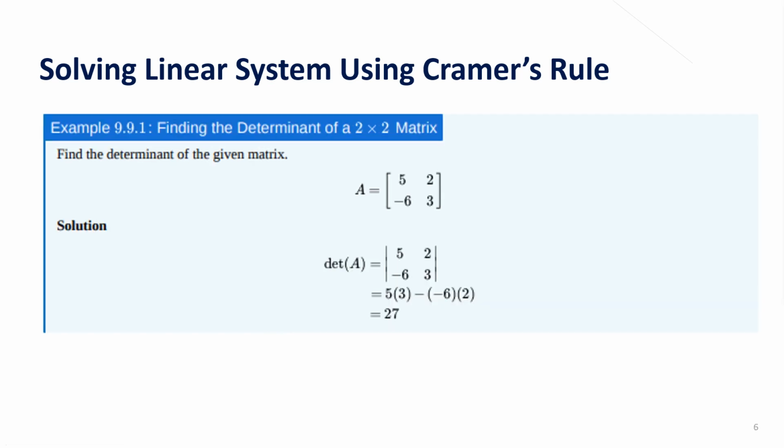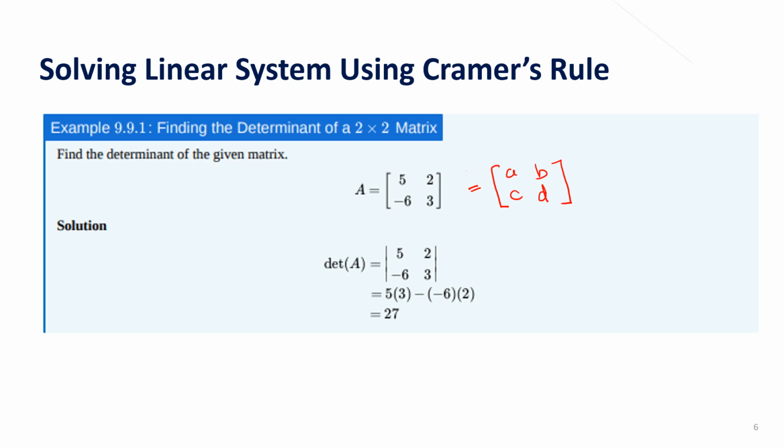Okay, let's move on with an example: the determinant of a 2 by 2 matrix A with these elements. If you give the symbols here, these will be A, B, C, and D. The value of A will be 5, B will be 3, C is -6, and then D will be 2.